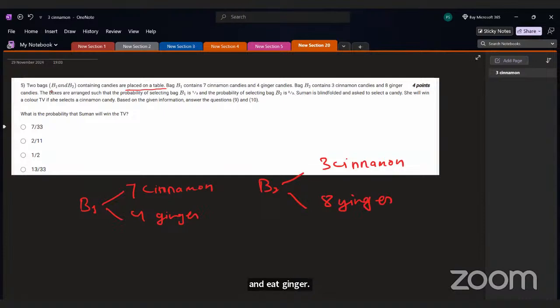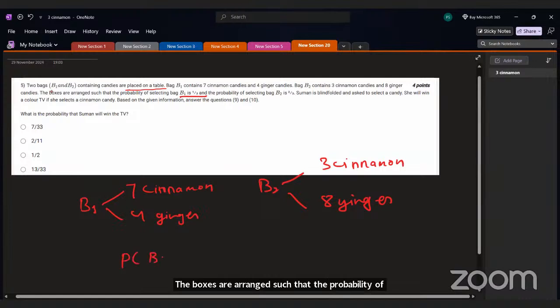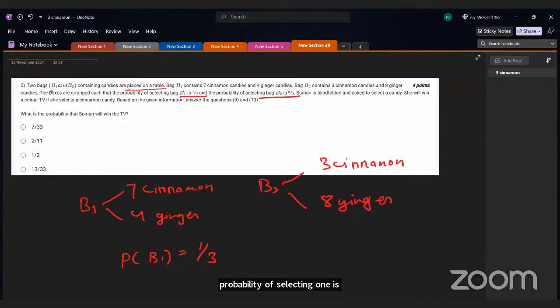The probability of selecting bag B1 is 1 by 3, and the probability of selecting bag B2 is 2 by 3. Someone is blindfolded and asked to select a candy. She will win a color TV if she selects a cinnamon candy. Based on the given information, answer the following questions 9 and 10.